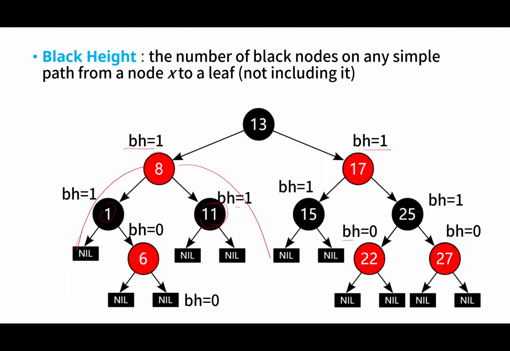This black height is also 1, because from these two to the leaf there is just one black node. For this node, the black height is 2, because there are 2 black nodes, not including this node.